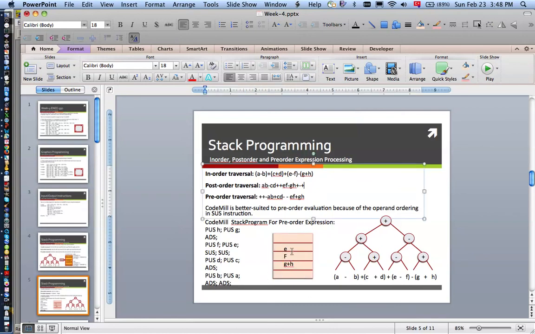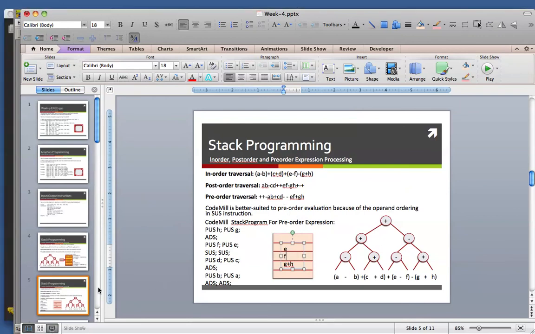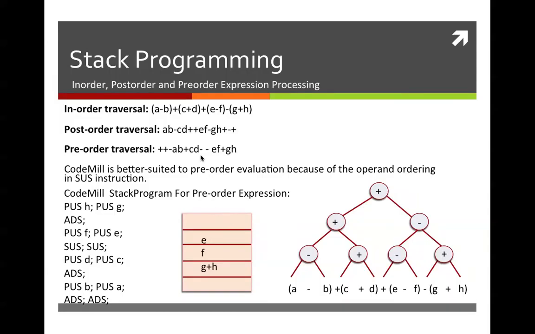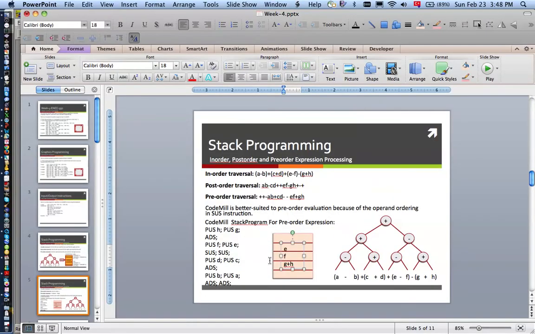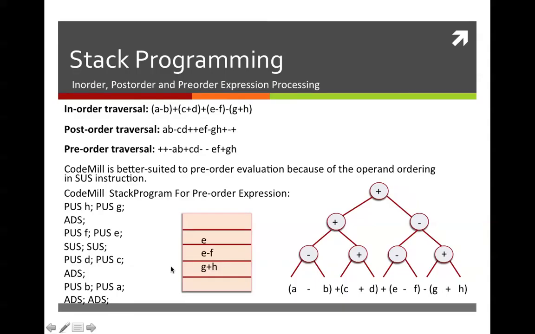So if we get E minus F over here, then we subtract the second time, and at the end of this whole process we're going to have E minus F minus G plus H, and then the whole process goes forward in this direction.